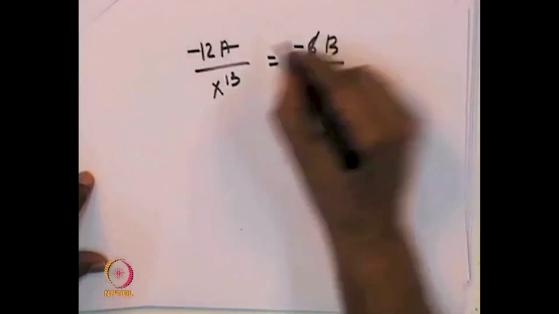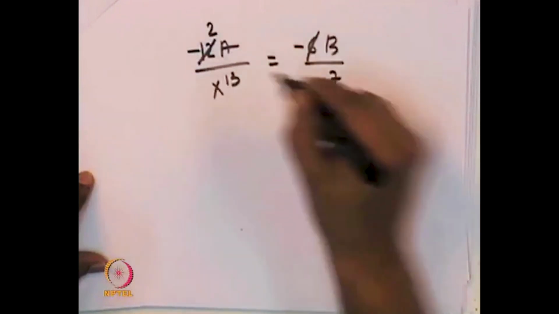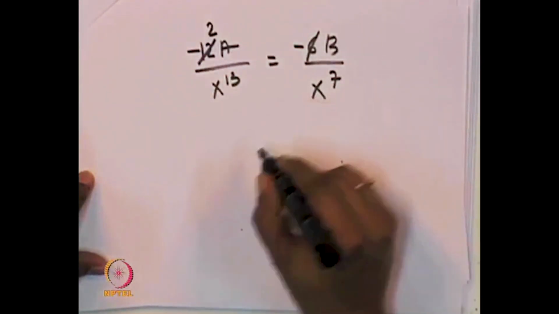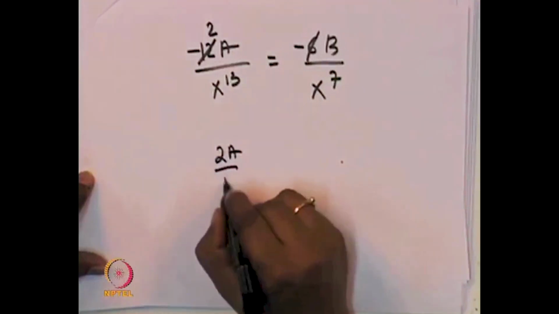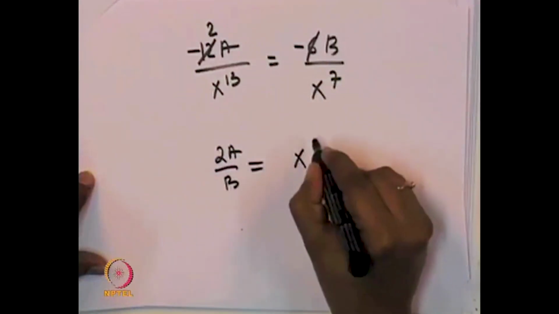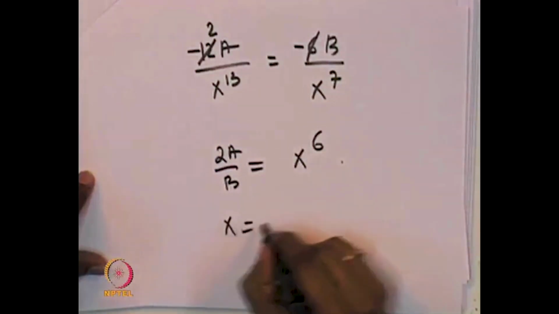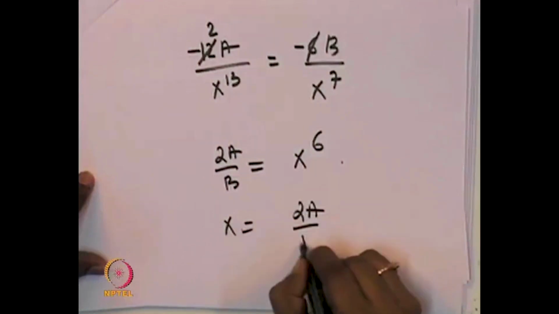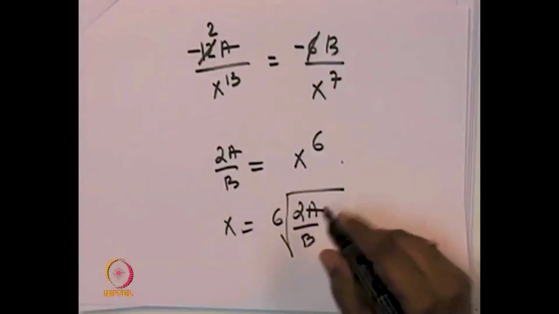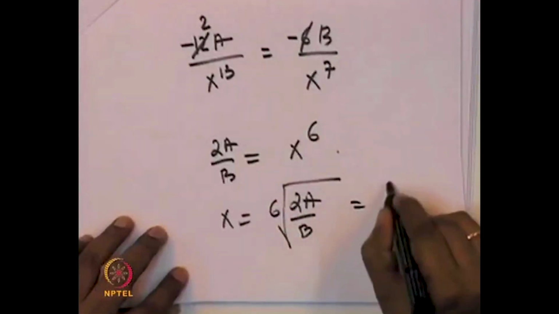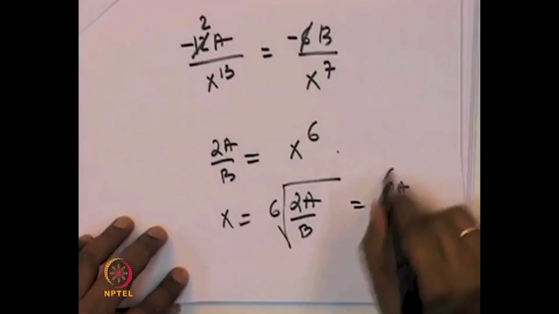I can divide this, and there are 2, and this says that 2 a by b is equal to x power 6. So, x is equal to the sixth root of 2 a by b, or 2 a by b whole power 1 by 6.